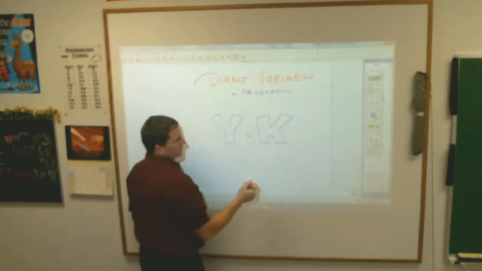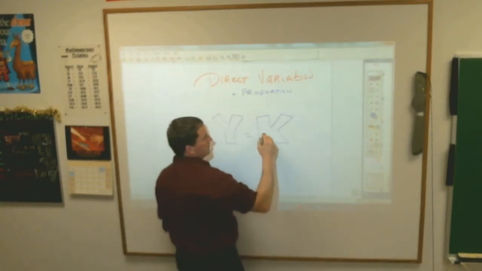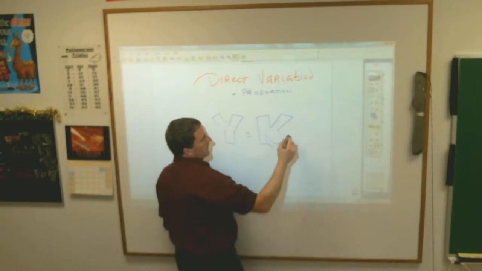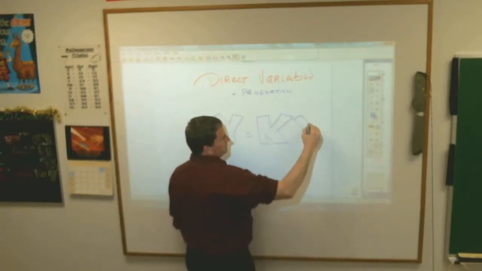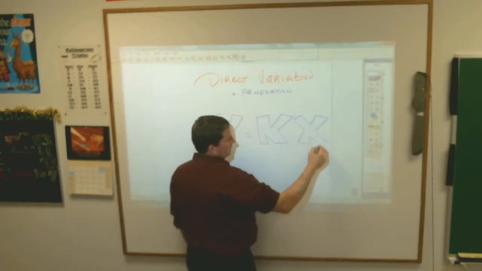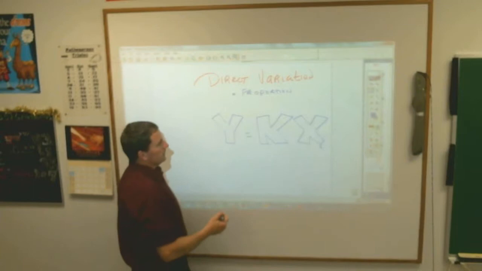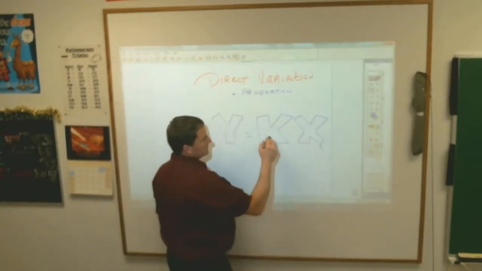I always go wrong with that part. Can I do that again? I want to do over. X. Y equals, that doesn't even look like a K. How come it doesn't look like a K?